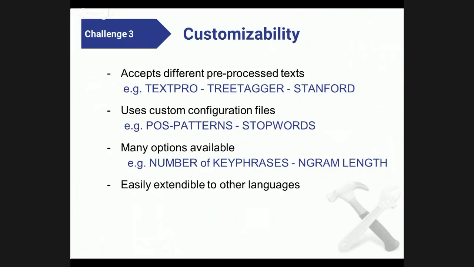KD accepts as input a wider range of preprocessed text and also raw text for English. The user can customize many configuration files, use different options, and the tool is also easily extendable to other languages and to other part-of-speech tag sets.